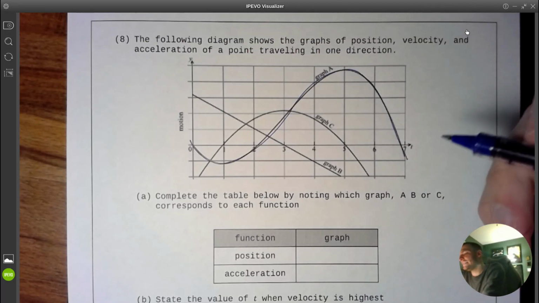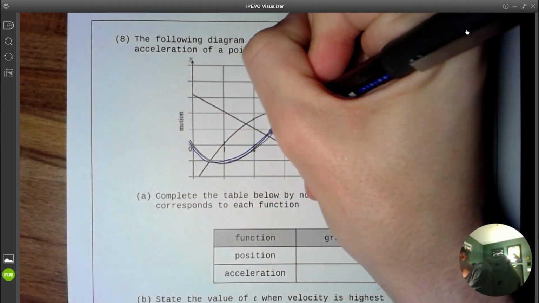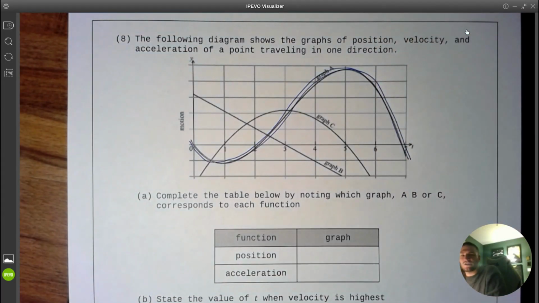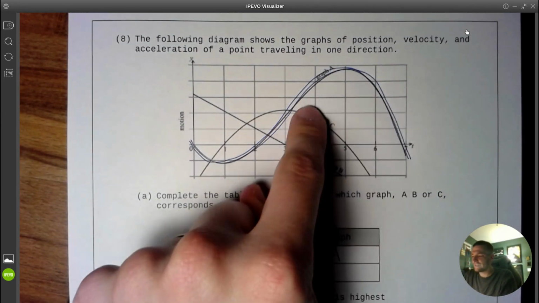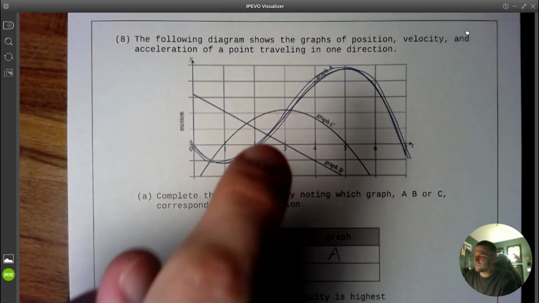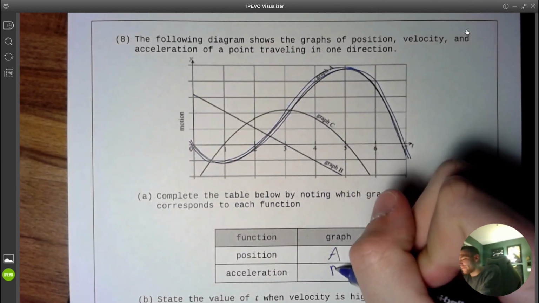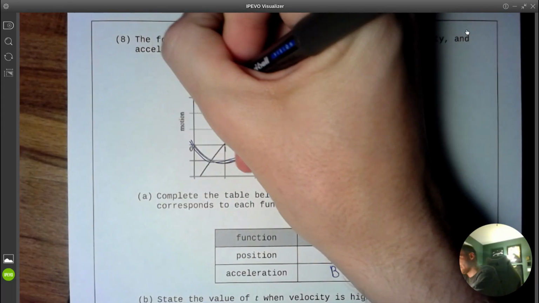So when I see that graph A is this cubic graph, the most complicated one, that's got to be position. And then it's going to downgrade to graph C, and then it's going to downgrade to graph B for acceleration. That was easy.